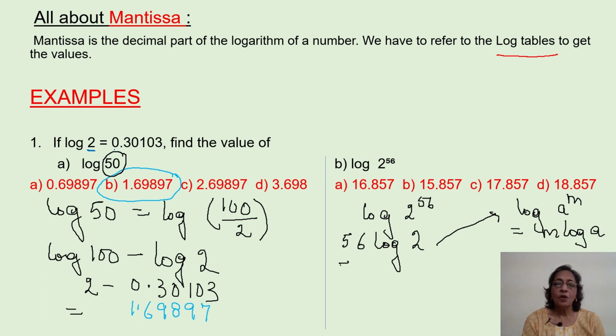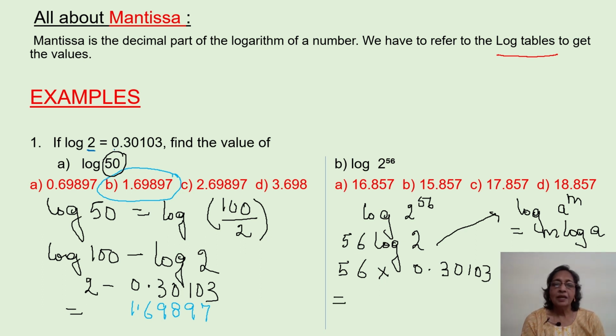We know the value of log 2. So this will be 56 into 0.30103. Now you can multiply this and get your answer.